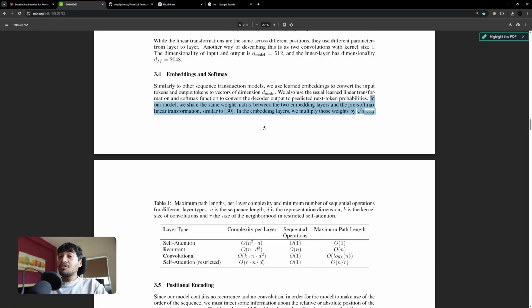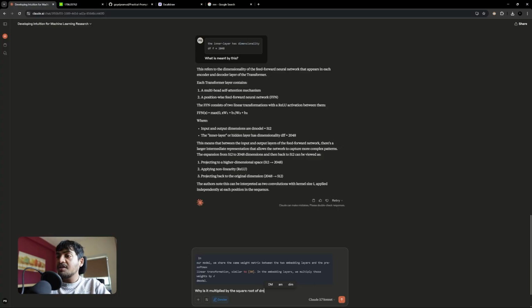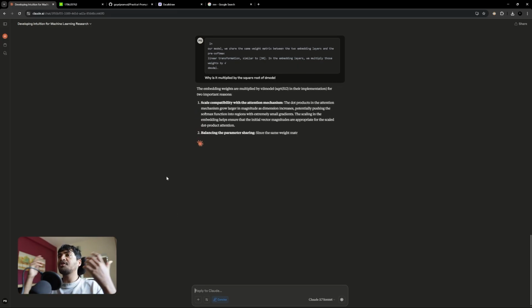So always Control C and Control V one time, right? Why is it multiplied by the square root of D model? Now the LLM will tell you why. You will get that, and if you have more questions, you can ask about it.